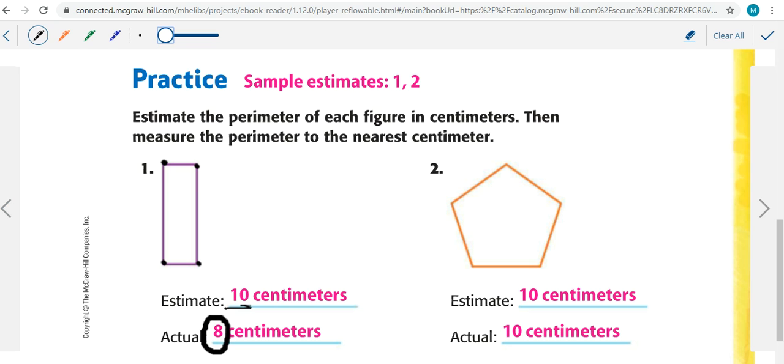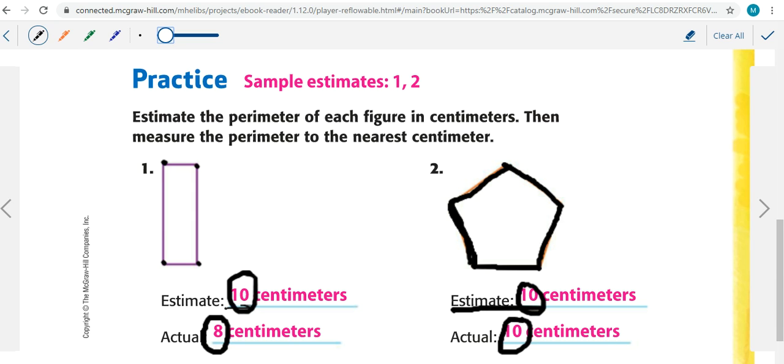And also you have to do the same in here. Now you measure from here to here. You measure this side plus this side plus this side plus this side plus this side. It should give you 10. Remember that the first part is estimation, but they have to be reasonable.